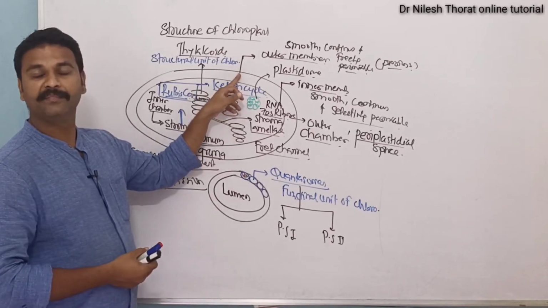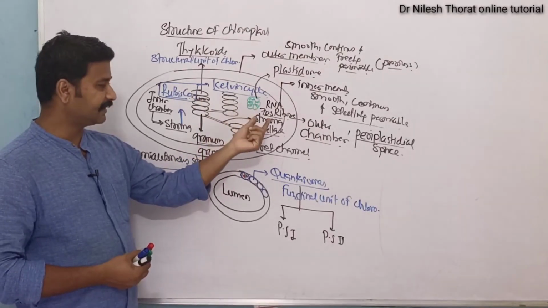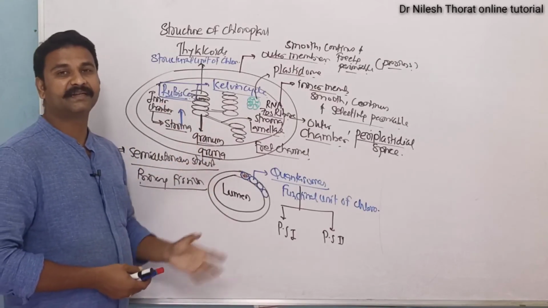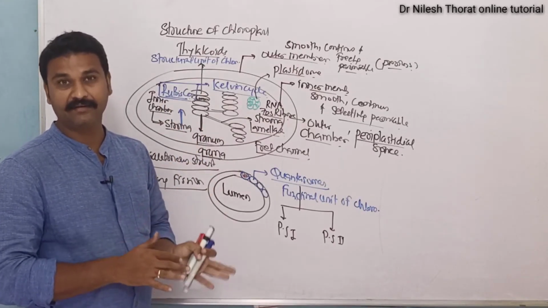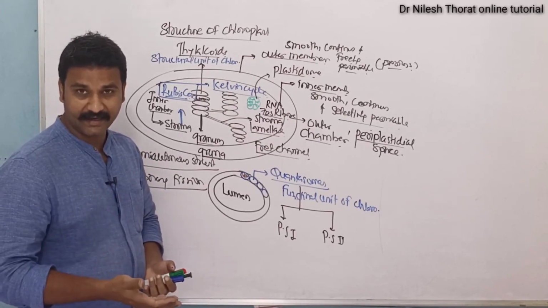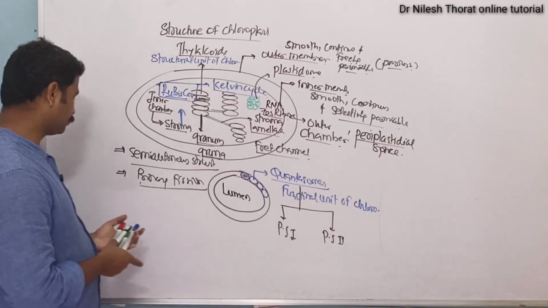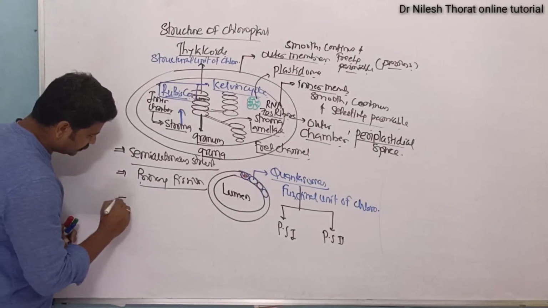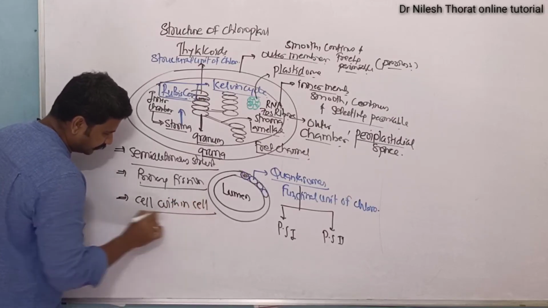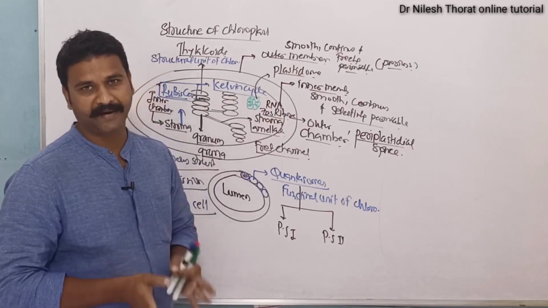It has an outer membrane permeable due to the presence of porin. It has its own DNA, RNA and prokaryotic type of ribosome. So this chloroplast is also considered a cell within the cell, or intracellular prokaryotic cell, or a bacterial endosymbiont. So the chloroplast is also called cell within cell, just like mitochondria, because it has so many similarities with the bacterial cell.